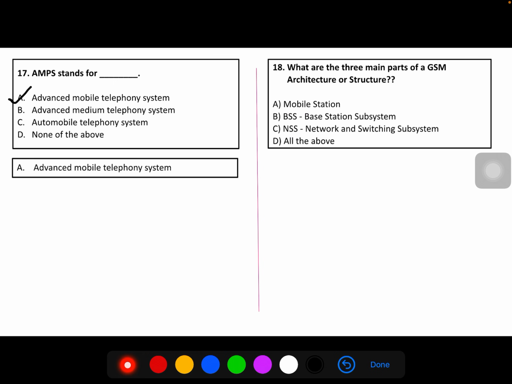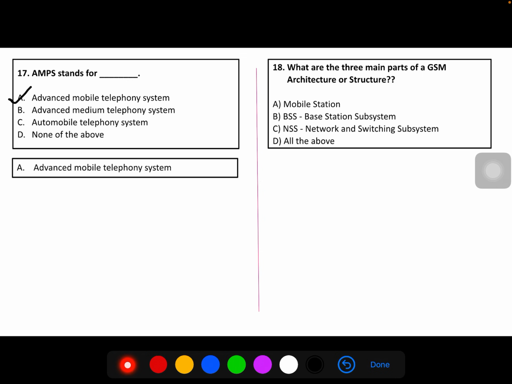Next question. What are the three main parts of a GSM architecture or structure? In the videos, the link of which I have also given in the description box, you can refer to it. I have shown you clearly the architecture of GSM, where it is mainly divided into three parts. The first part was related to the mobile.